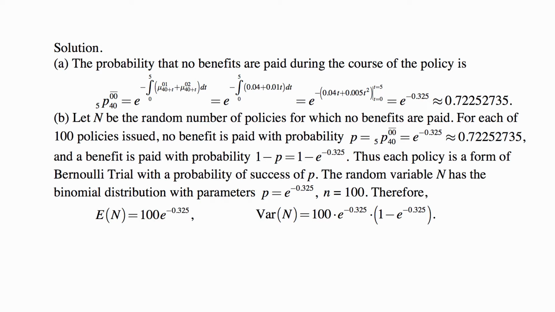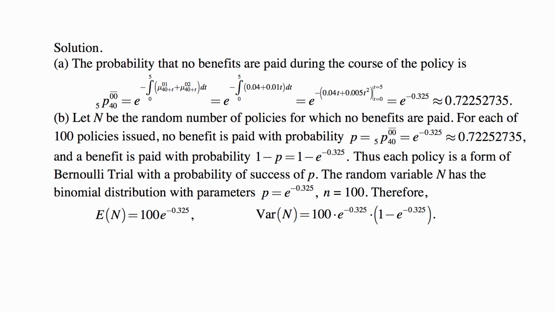That's denoted by P upper 00 with a bar above them, which indicates that the person starts out in state 0 and ends up in state 0, but between them the person is also in state 0 continuously. That's what this bar above the 2 indicates. The person is 40 years old, that's why the subscript, and we're looking at 5 years from age 40. That's a 5 in front.